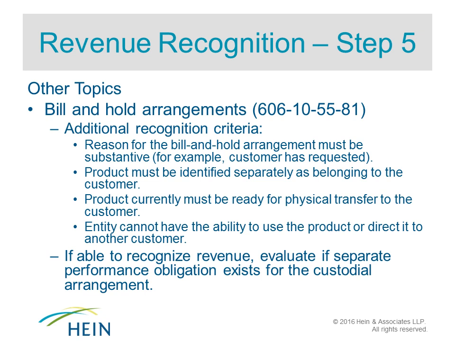The product must currently be ready for physical transfer to the customer, and the entity cannot have the ability to use the product to direct it to another customer. So in other words, it can't be just general inventory items that they could use for another customer and then build another item to fulfill for the bill and hold type customer.